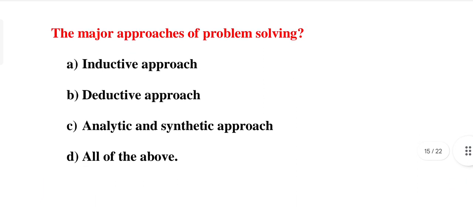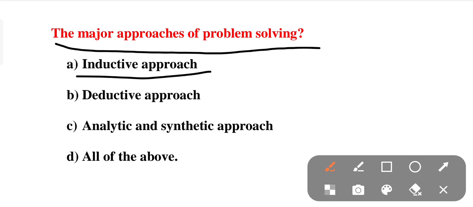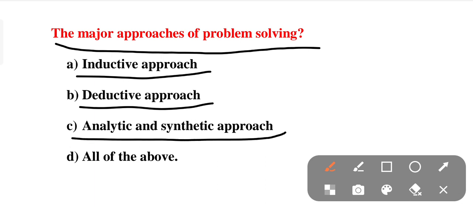So the next one is the major approaches of problem solving. What are all the major approaches of problem solving? Option A, inductive approach, option B, deductive approach, option C, analytic and synthetic approach, option D, all of the above.